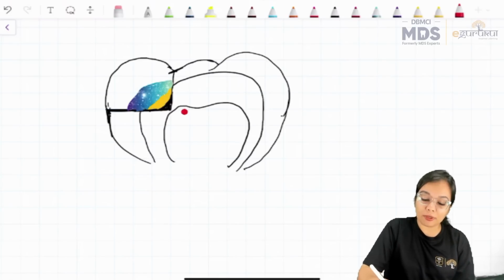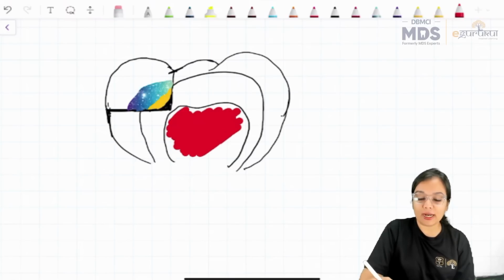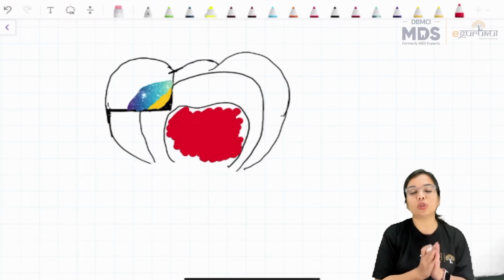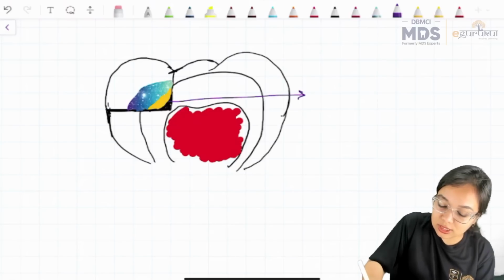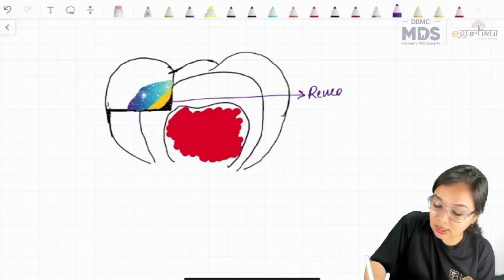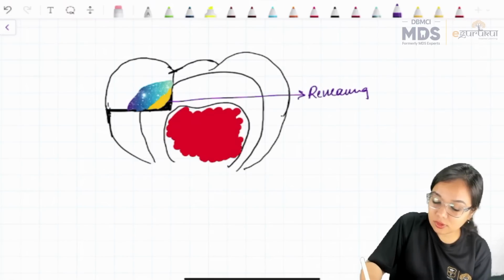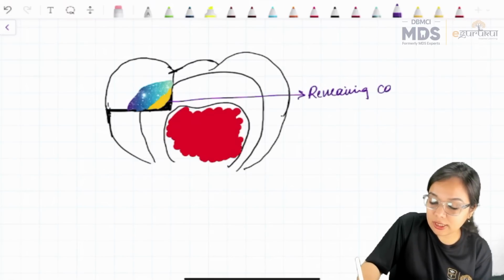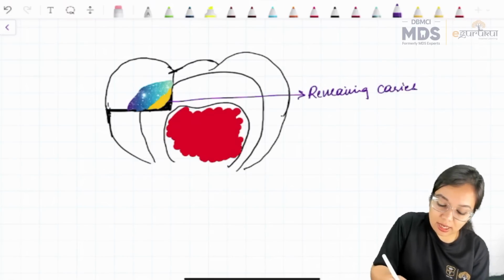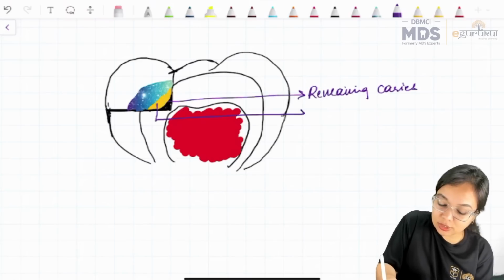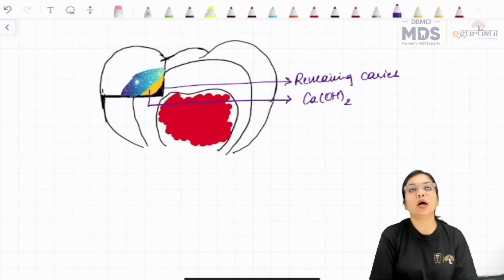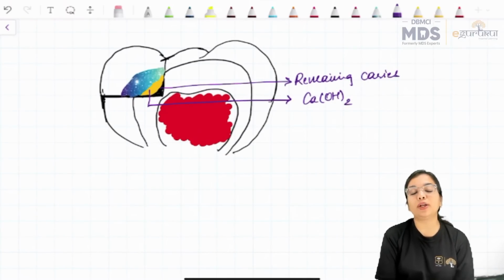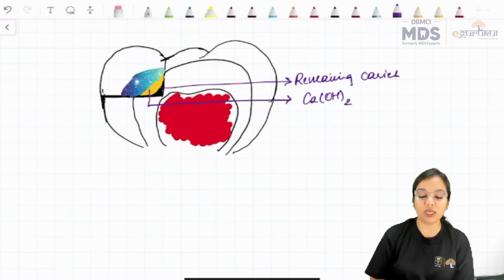You have a pulp here about which you are scared, as it is very, very close to the caries. So you just leave the remaining caries there, and then you place an agent, calcium hydroxide, that is going to arrest the microbial activity and try to remineralize that part of the dentine.